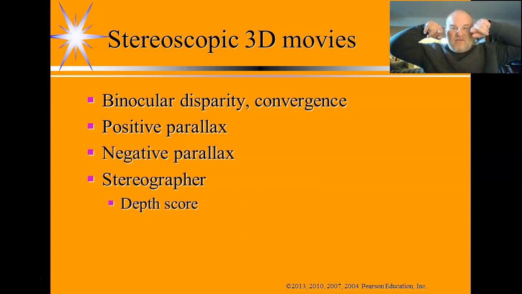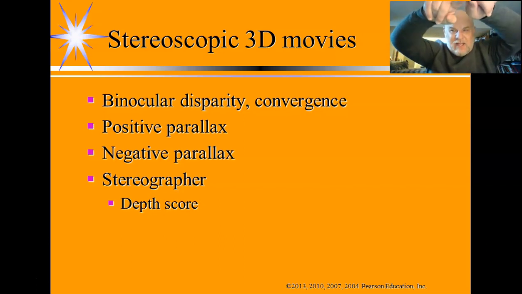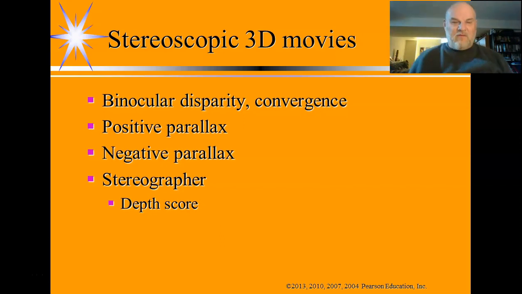So if I'm focused on something that is quite close to me, my eyeballs will tend to converge with one another, and my brain will automatically calculate what the rough distance is between myself and the object that I'm looking at based on the angles of my eyeballs to each other. If I'm looking at something further away, that angle will widen, and my brain will again automatically judge the distance based on that angle.